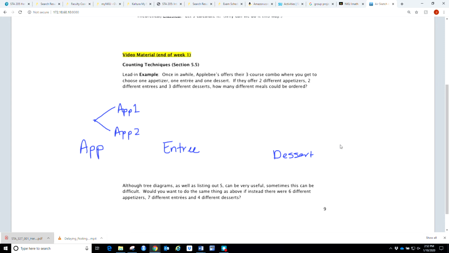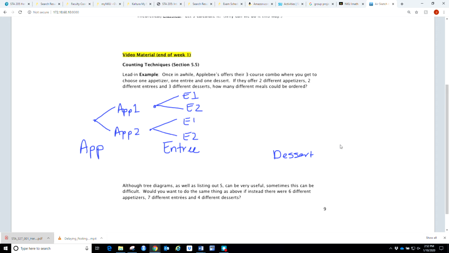Now, it doesn't matter which appetizer you choose, you could choose either entree. So if you chose that first appetizer, you could either choose the first entree or the second entree. If you chose the second appetizer, you could choose either the first entree or the second entree, right? It doesn't matter. Finally, we have dessert.